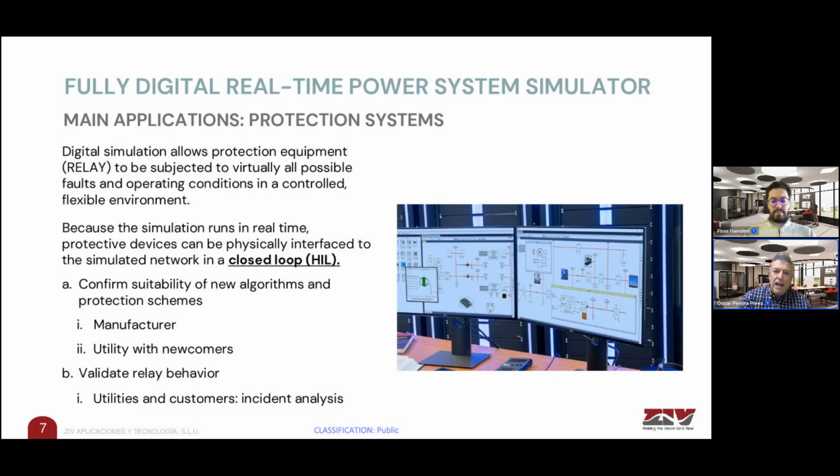It could very well happen that electrical utilities are ready to open the door to new vendors, to new suppliers, but they could be not very confident in those new relays. So again, the RTDS shows as a useful tool to test relays of the newcomers to the utility, right?